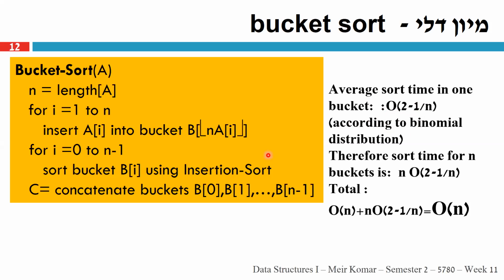The average sort time is definitely something that we have to think about. There's a whole mathematics behind it. If you're really interested, you can look it up. But the idea is that because of the distribution, and there's a function of the binomial distribution, then you can definitely see it works out to be O of 2 minus 1 divided by n.